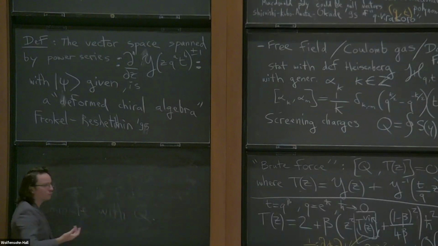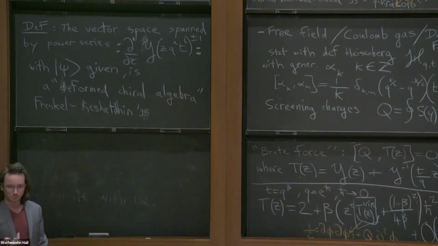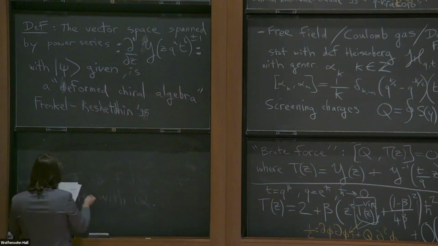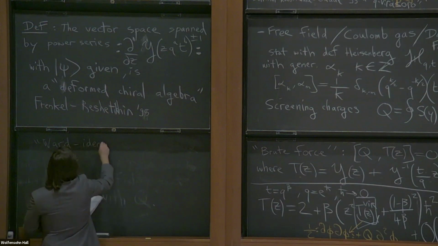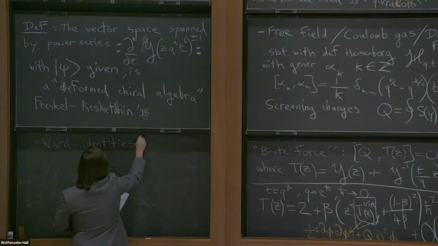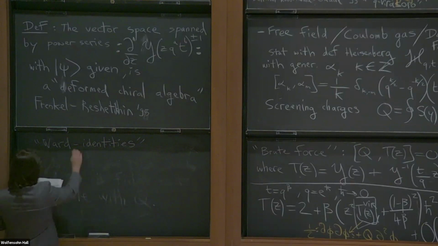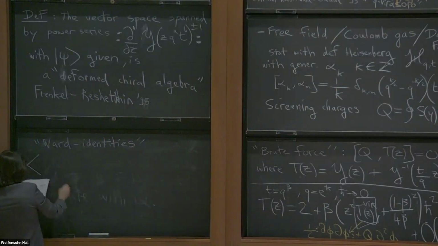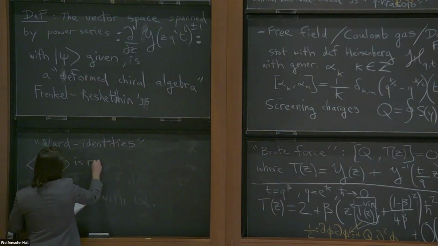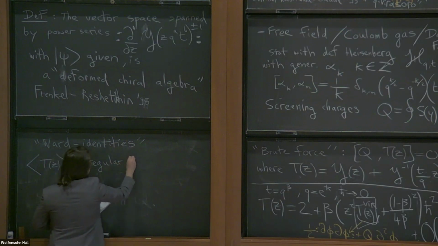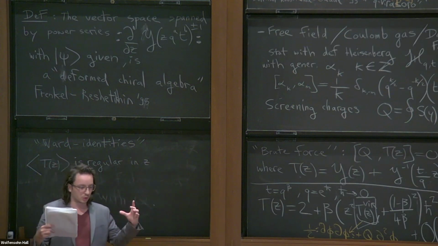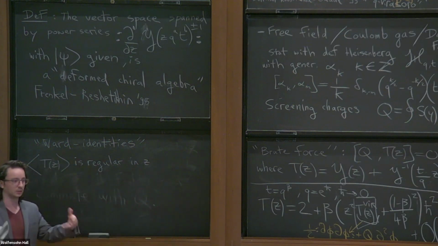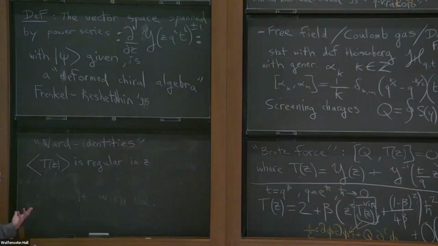To understand further the symmetries of this (q,t)-deformed Virasoro, one natural thing to look at is the Ward identities, which look like: T(z) is regular in z. So this again mimics what you would do for the usual Virasoro. You consider correlators, insert the stress tensor and ask, well, what is the associated symmetry? This is a Ward identity.